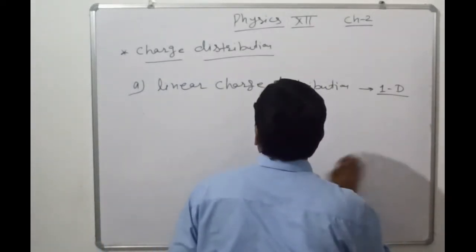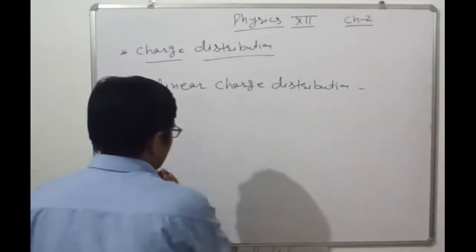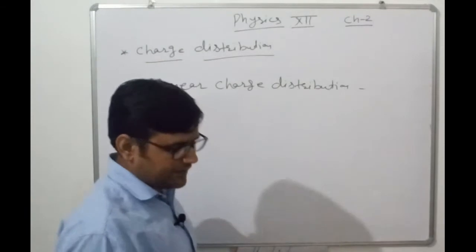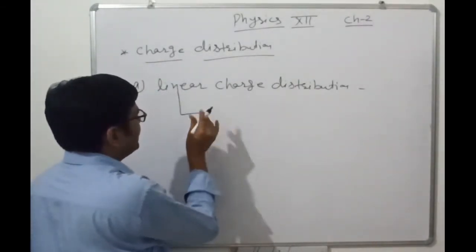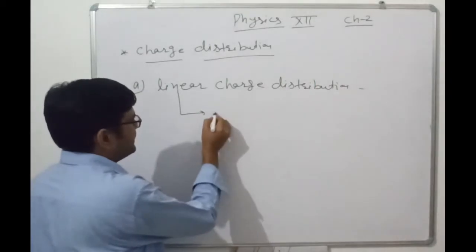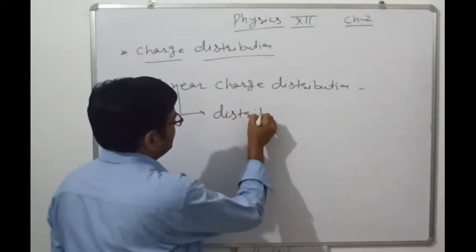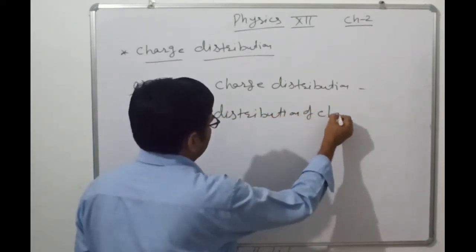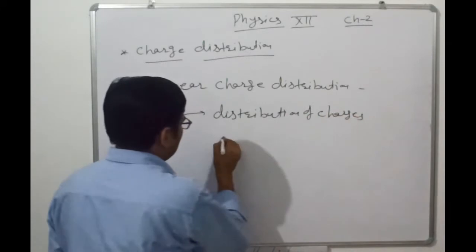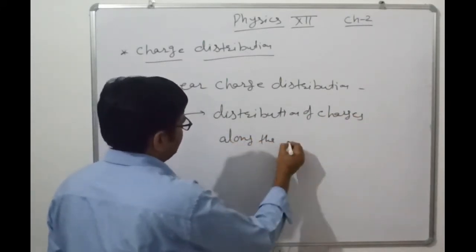Here, what is the formulation of the linear charge distribution? As per earlier discussions, it means charges are distributed along the length. It means the distribution of charges along the length.